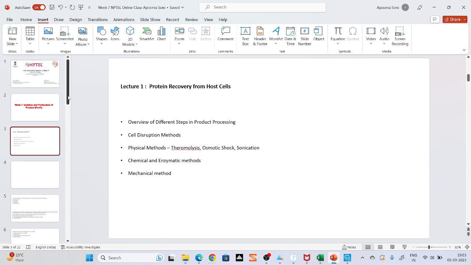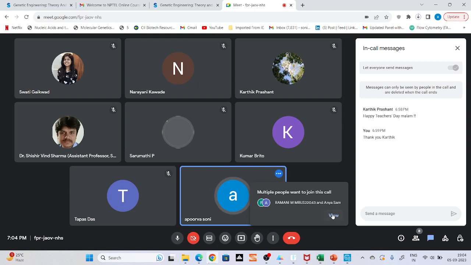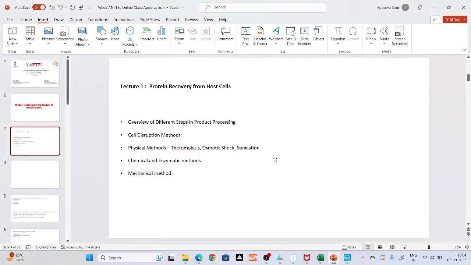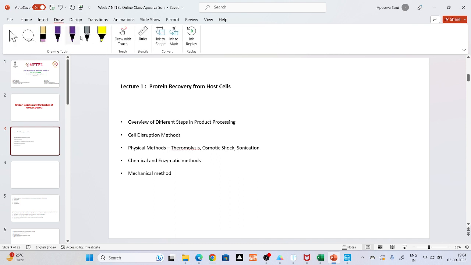After the expression of the product, whatever we do is known as downstream processing. If I am talking about a recombinant protein that I have produced through genetic engineering, so I have produced a recombinant product.